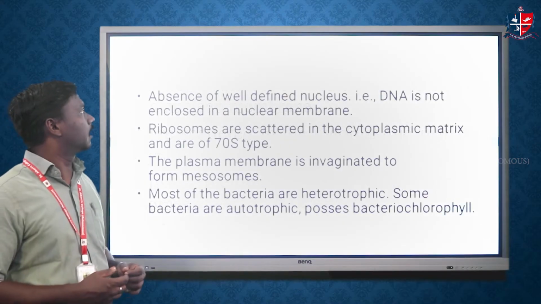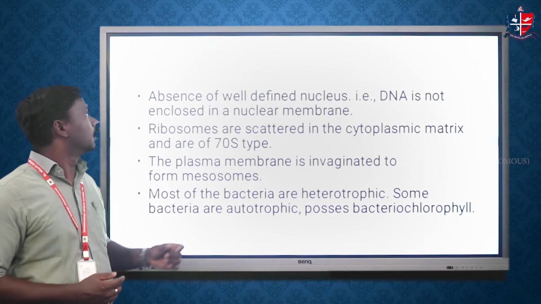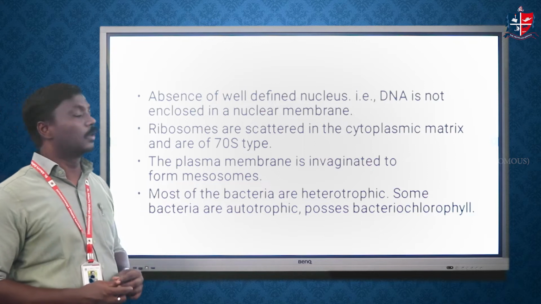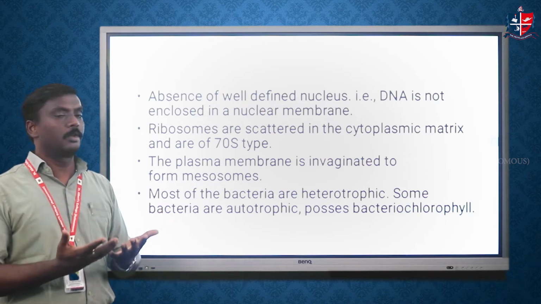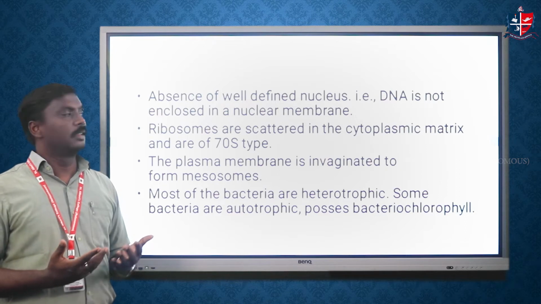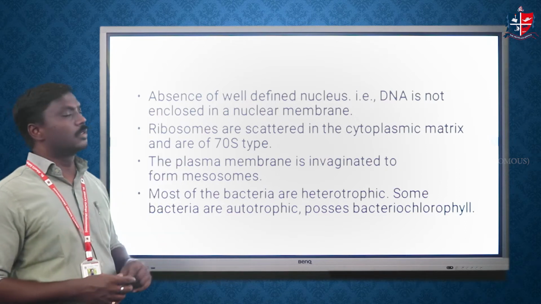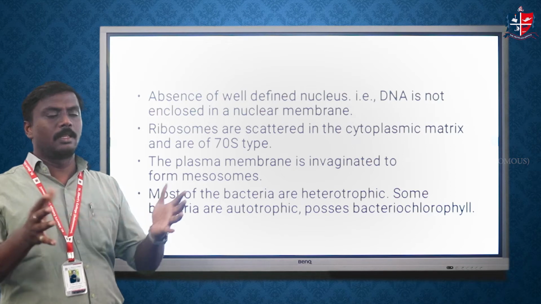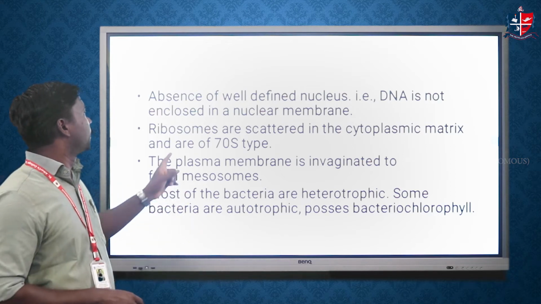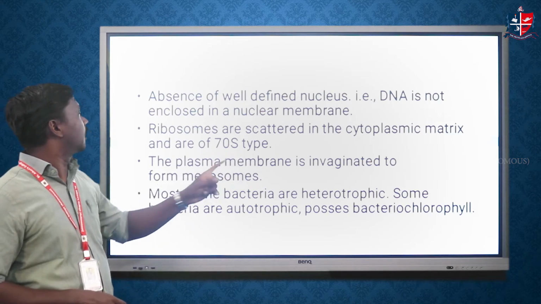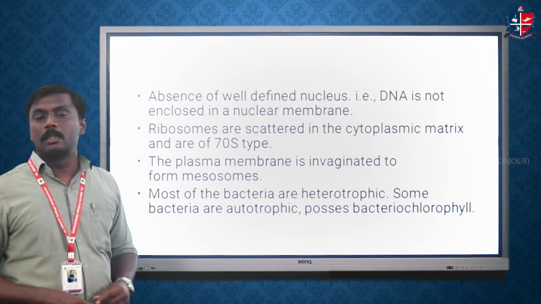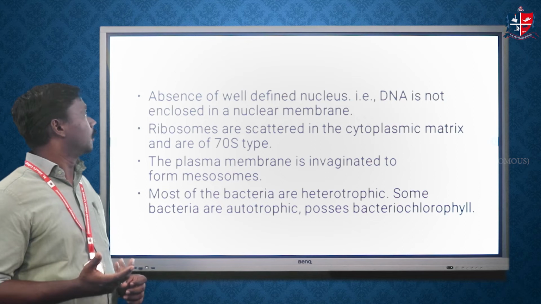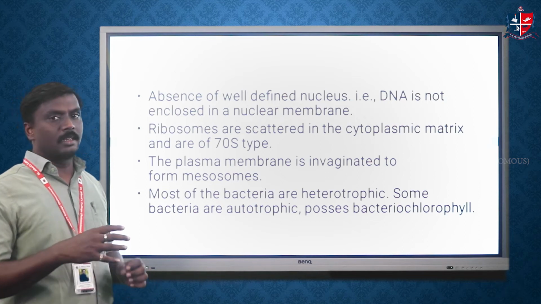When we observe, we cannot see a well-defined nucleus. DNA is not enclosed in a nuclear membrane. The nuclear component is DNA, and this DNA is not enclosed in a nuclear membrane. It simply lies in the cytoplasm. Ribosomes are scattered in the cytoplasm of the bacterium and are of 70S type.